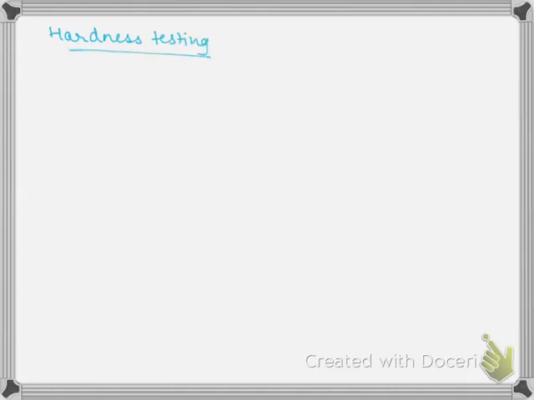What is the hardness testing machine doing? It presses a metallic rod with a pointed tip into a metal specimen with a known force.